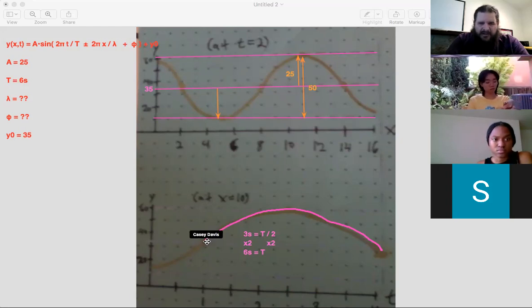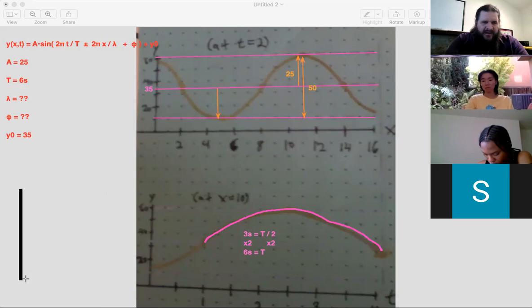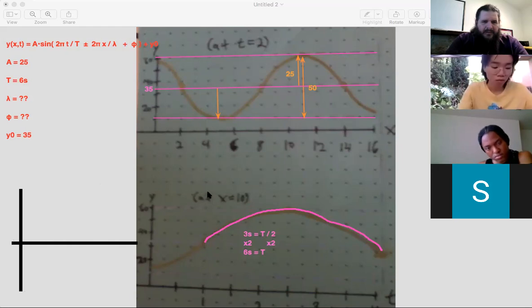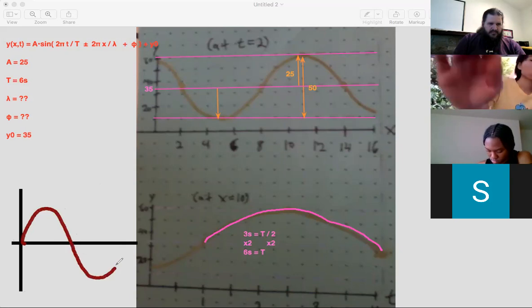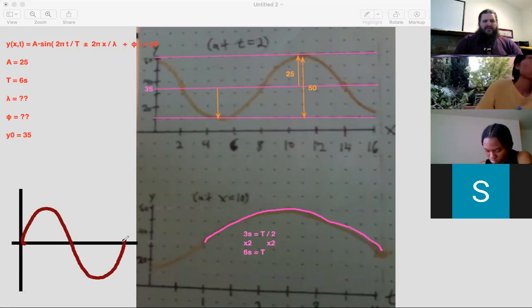What I highlighted here was exactly half of a cycle. Because if you take a look at the default sine graph, let me draw that out again. If we just have the most basic fundamental possible sine graph, this would be one full cycle.